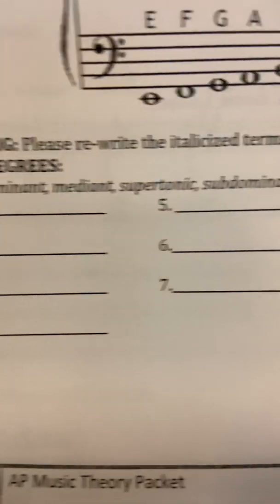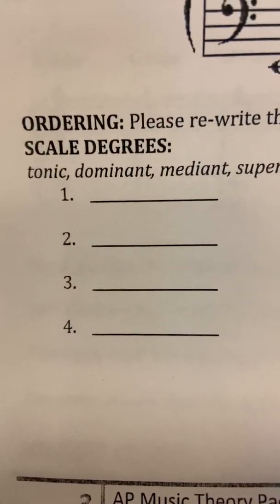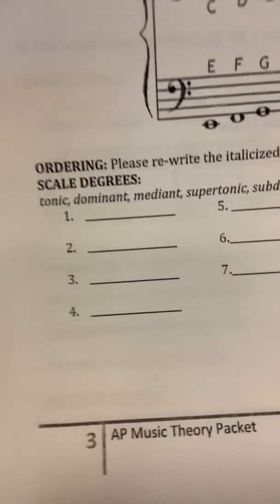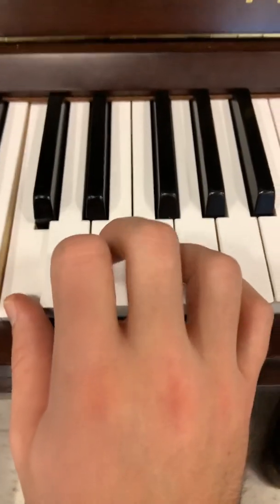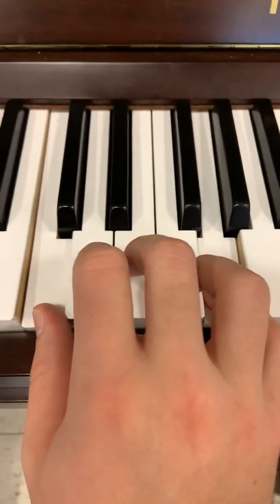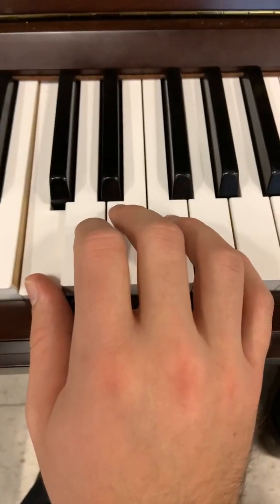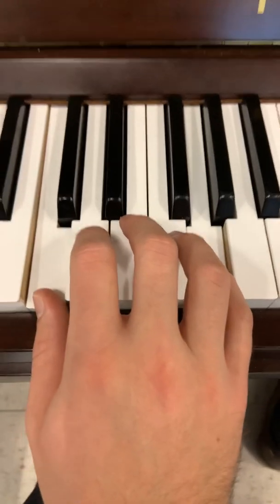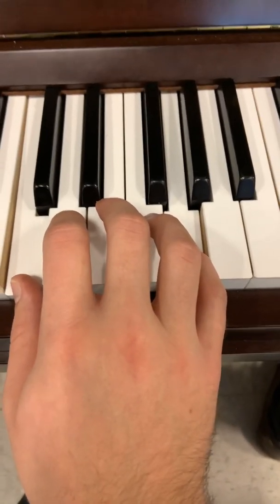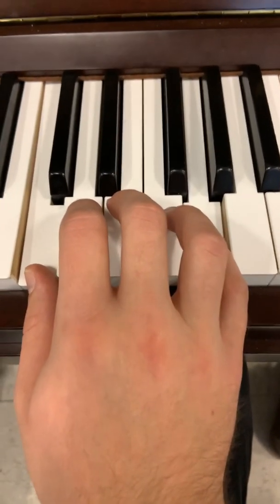Next, two terms here, mediant and dominant. The next two, they're here because they are notes that you use in a chord. So if we have a C major chord, C, E, G. C is the tonic, we know that already. G is the dominant, it's the fifth note in the scale. Dominant means fifth when we're talking about music.